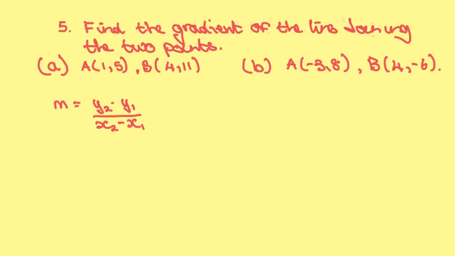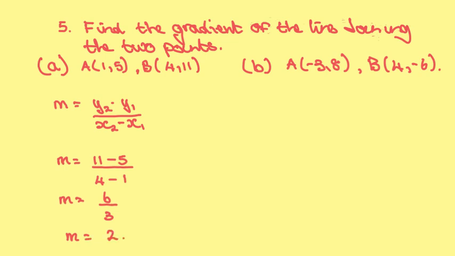So in this case, substitute into the formula. y2 is 11 minus y1, which is 5, divided by x2, which is 4, minus x1, which is 1. So the gradient is 11 minus 5, which is 6, divided by 4 minus 1, which is 3. So the gradient is 2.